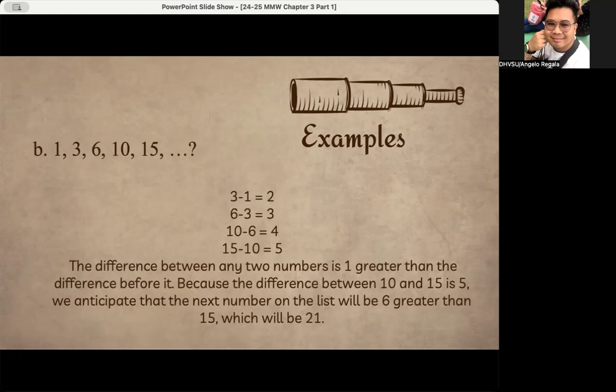So dahil dyan, we can add 6 to the last number, which is 15, to get the next number, which is 21. Okay? So may nakita kang pattern, specific. Then you generalize na ang pattern mo is ascending order, increasing by 1.